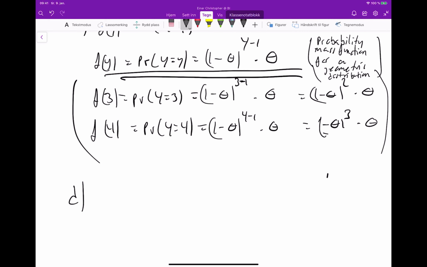One, all the probabilities have to be greater than or equal to 0, and the sum of all the probabilities has to sum to 1.